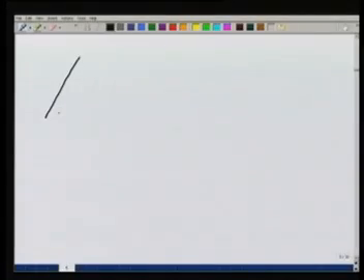Now let's do the following. I have a generic element, some generic element. Okay, I will do it with the piecewise linears only. The job can be extended to the higher order ones.